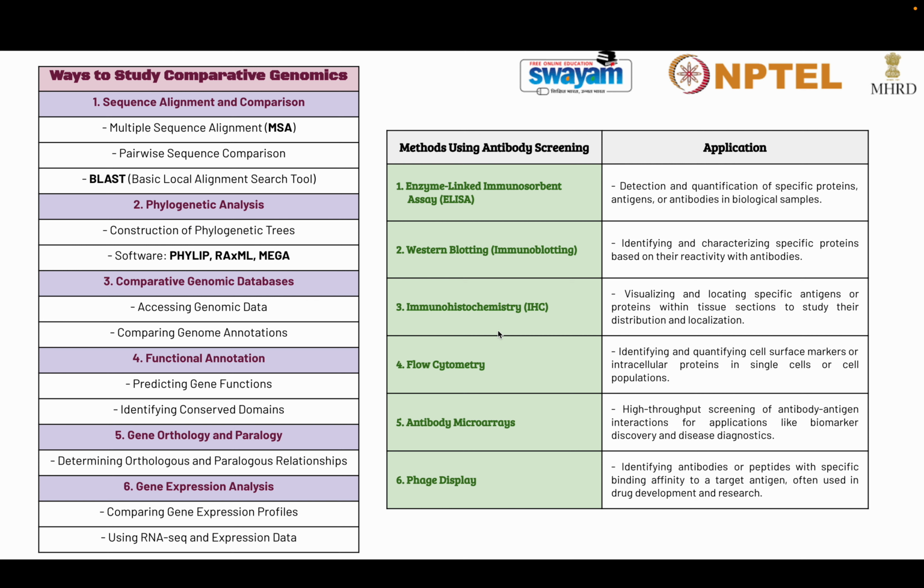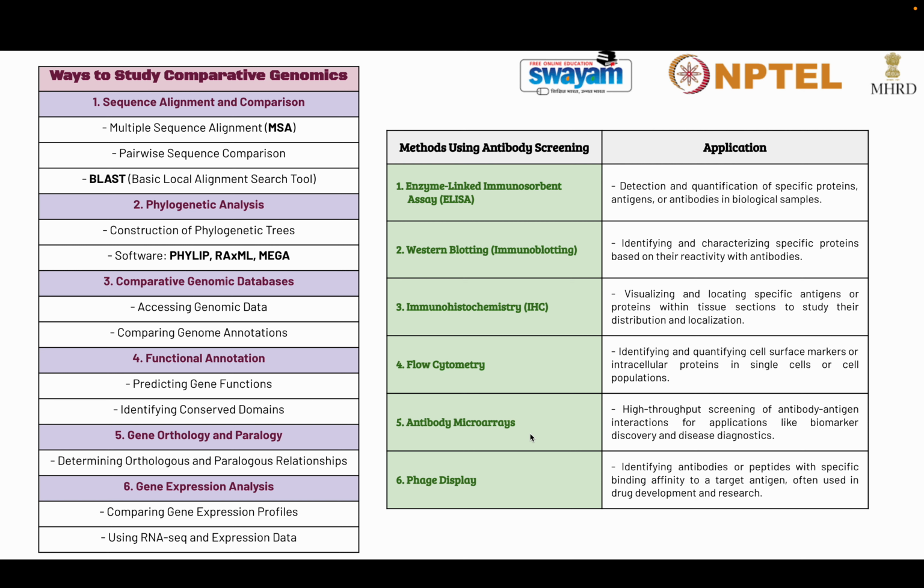Then immunohistochemistry. For that also, if you want to visualize and locate specific antigens or proteins within tissue sections to study their distribution and localization, you will perform antibody screening. For flow cytometry, to identify and quantify cell surface markers or intracellular proteins in single cells or cell populations, you need antibody screening.